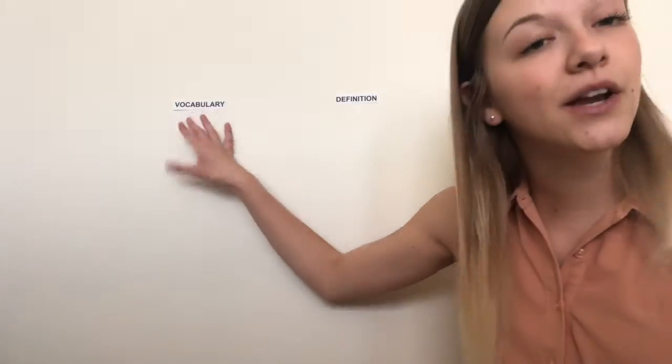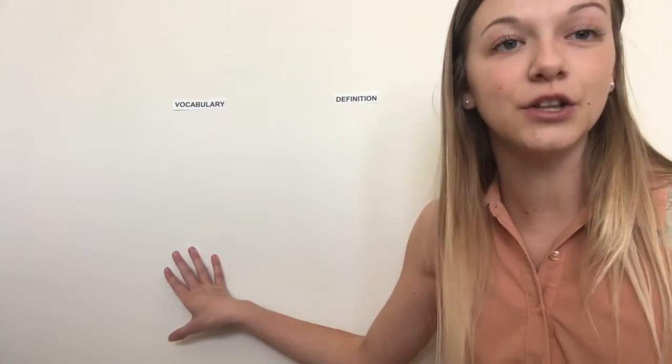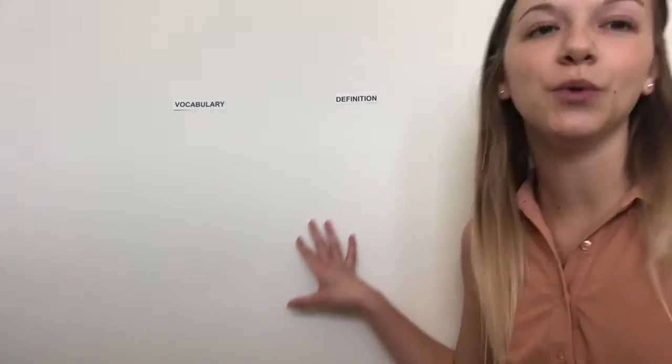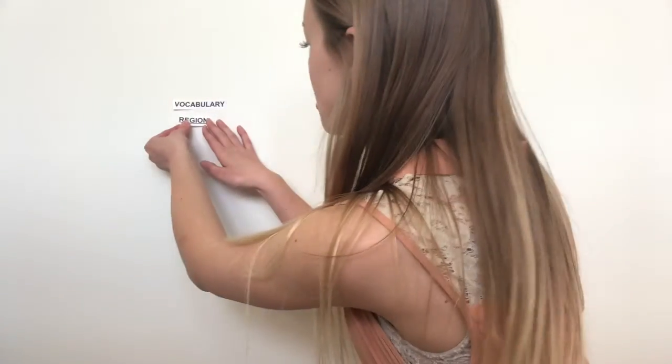So you will have 2 columns, one that will say vocabulary, where you're going to put all of the terms that we're going to learn, and then definition, where you will put the definition of those terms that we are going to learn. So once you've done that, we're going to go ahead and jump into our first term, and if you need more time to copy that down or make your graph, you can pause this video and do that.